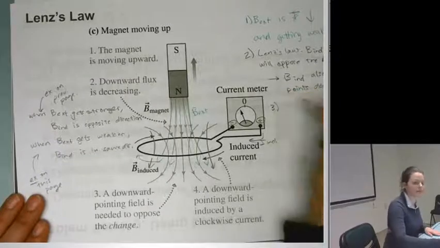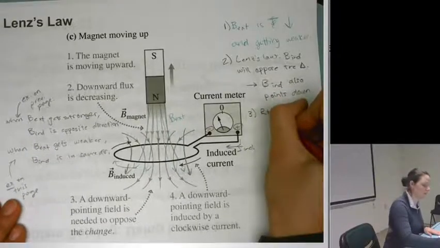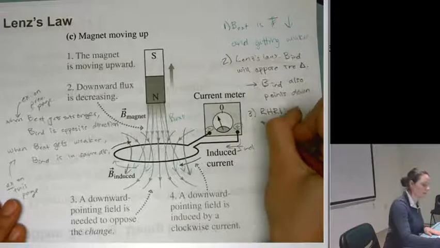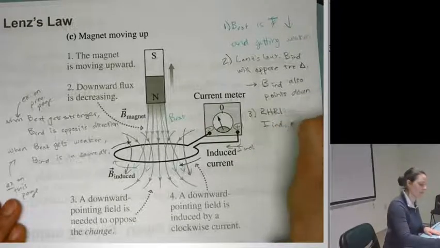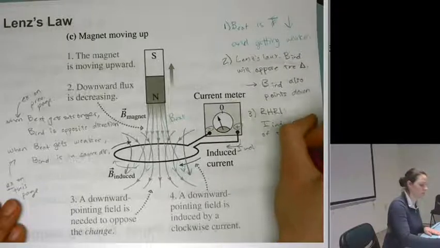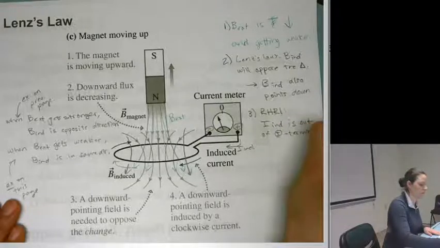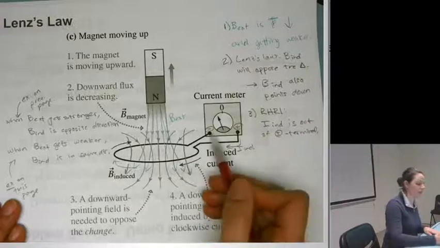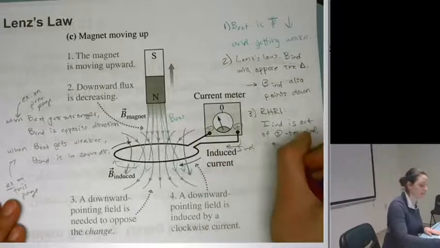So step 3 here, just to write it out, is by right-hand rule 1, I induced is out of the positive terminal and into the negative terminal, which is a negative current.